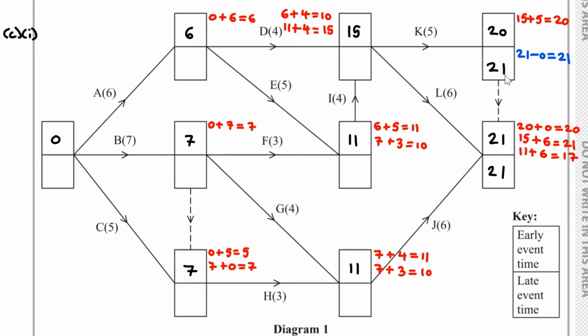If we work backwards to get to this point, we have the option of 21, take away 5, which is 16, or we've got 21, take away 6, which is 15. We choose the 15 to go here.